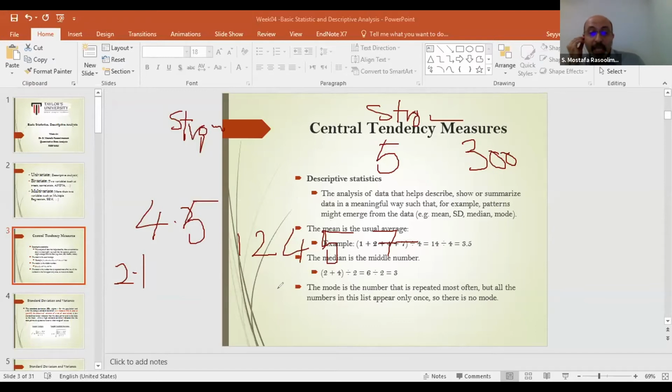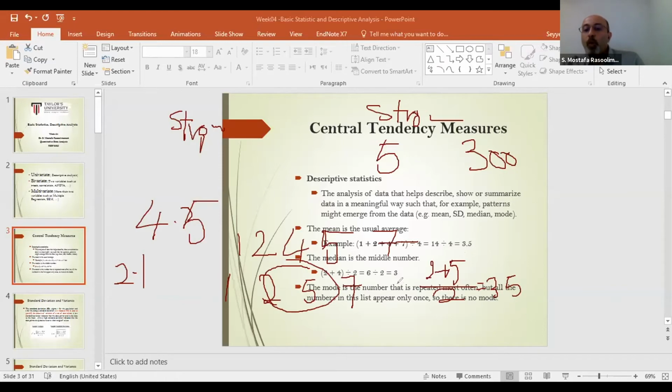So median is the middle number. If we have 2 middle numbers, so the count is even, for example 1, 2, 5, 7, the median will be the average of these 2 middle numbers: 2 plus 5 divided by 2. So the median is 3.5.